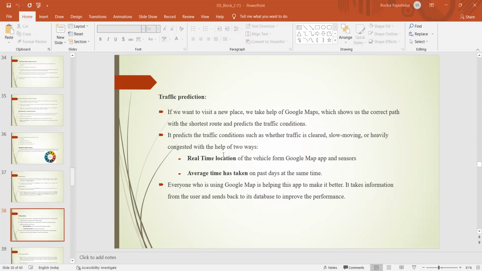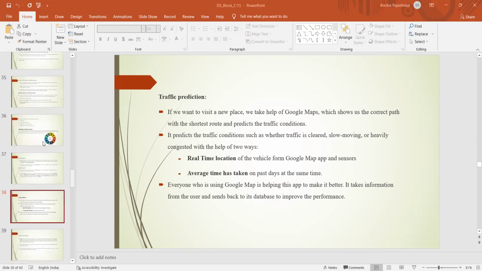It predicts whether traffic is clear, slow moving, or heavily congested with the help of two ways: real-time locations of vehicles from the Google Maps application and sensors, and the average time taken on past days at the same time. Everyone who is using Google Maps is helping this application. It is a better one. It takes the information from the user and sends it back to the database to improve the performance.